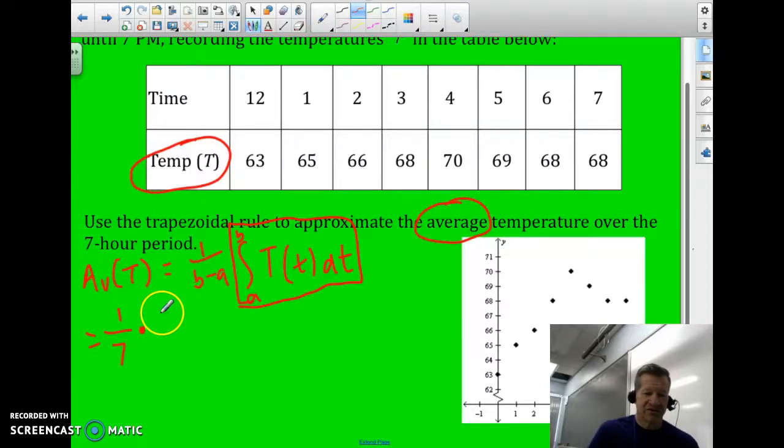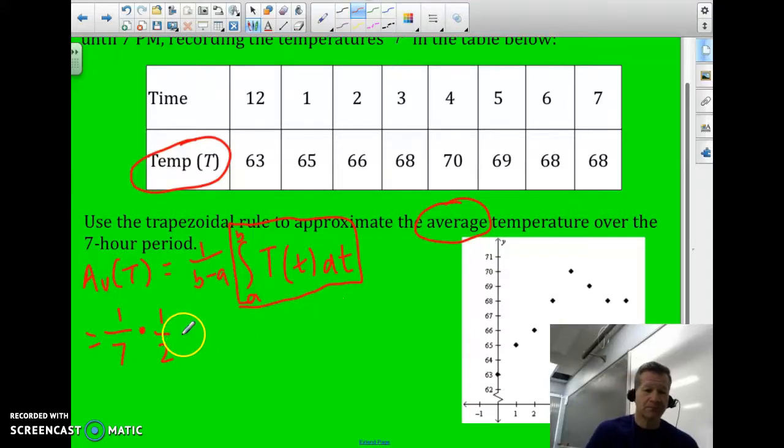So the trapezoidal rule says we take 1/2 times the height. They don't tell us how many subdivisions to use, but I can clearly see that 1, 2, 3, 4, 5, 6, 7 subintervals would work really nicely. I could use a time interval of 1 hour.